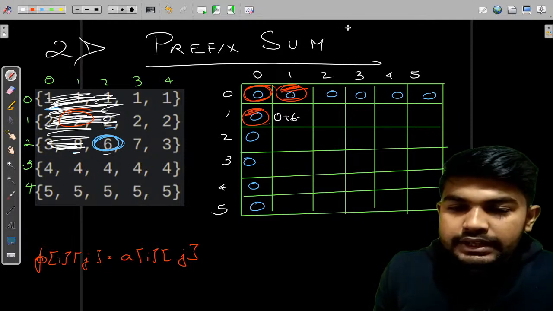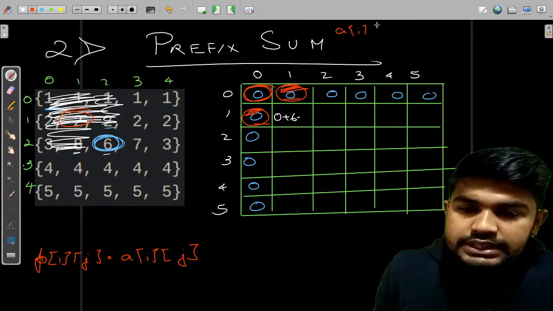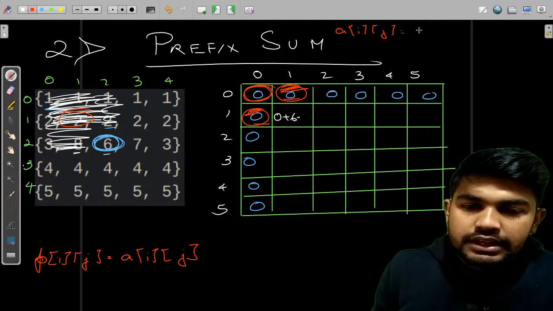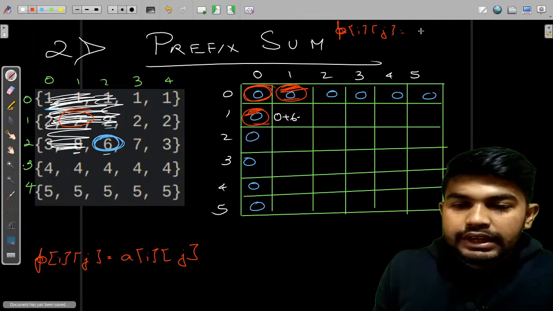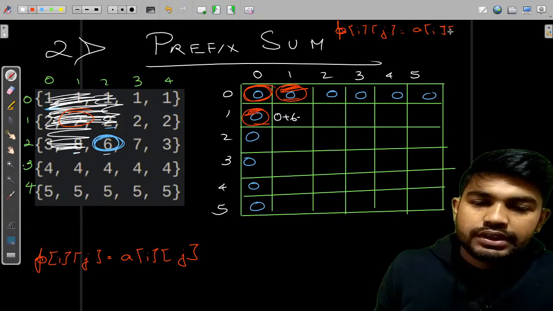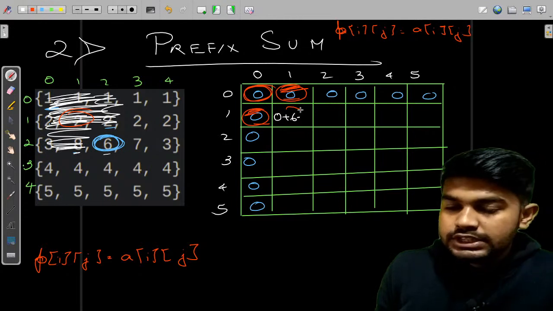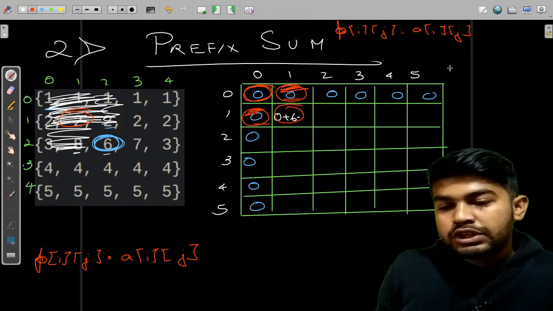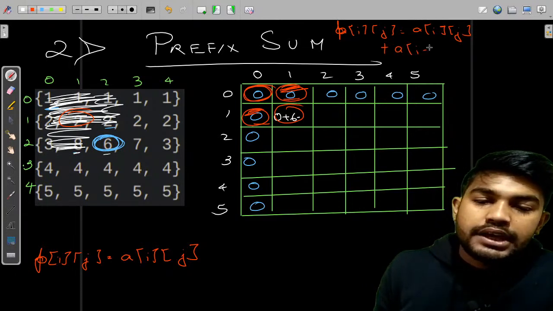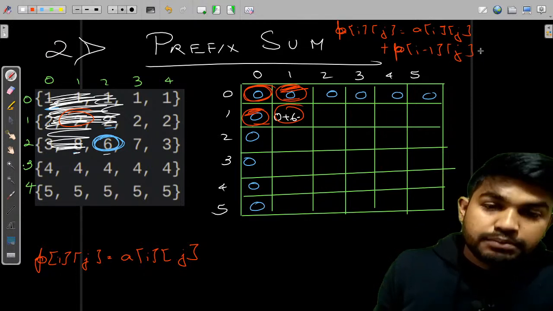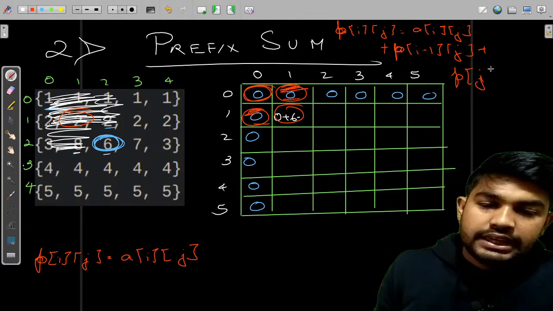So prefix of i, j is equal to a of i, j, this one, plus these two values: prefix of i minus 1, j, plus prefix of i, j minus 1.